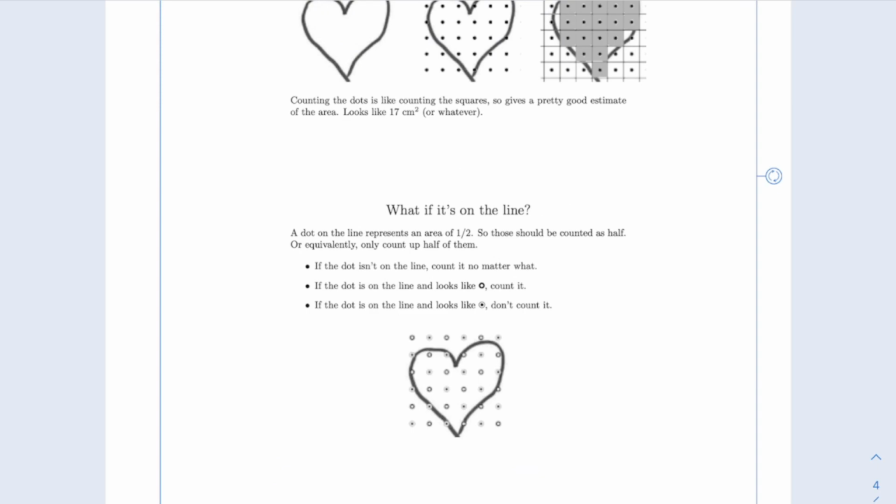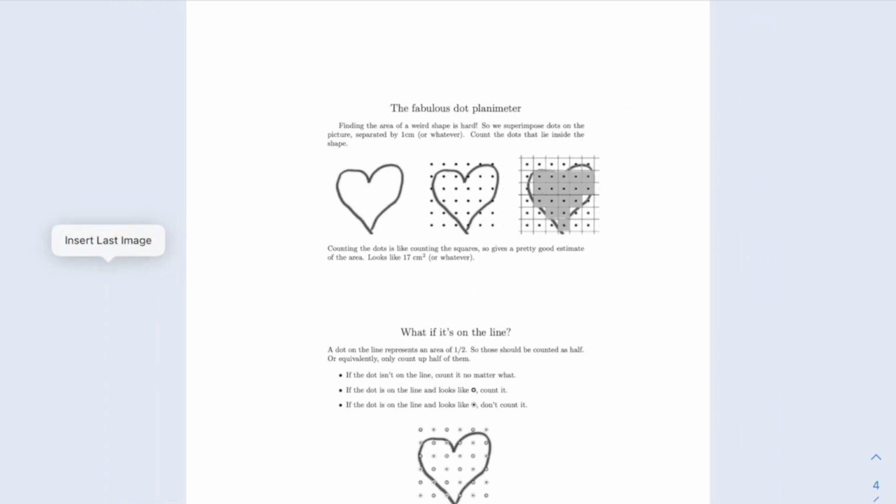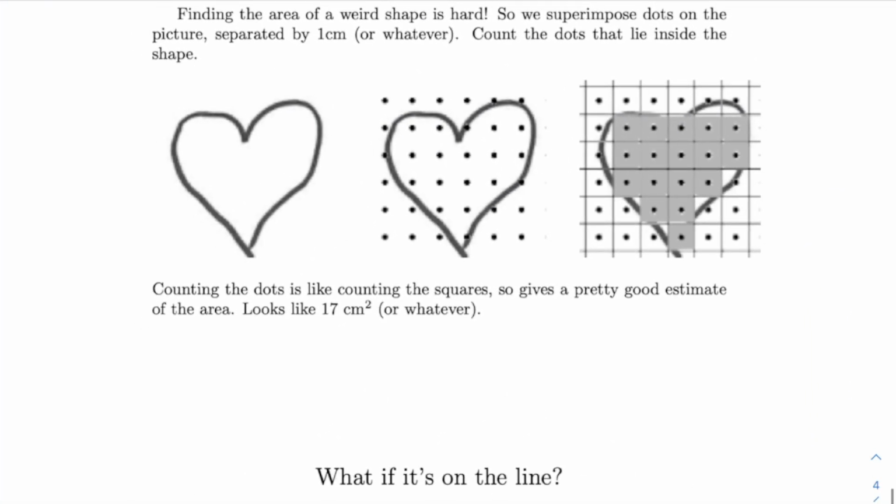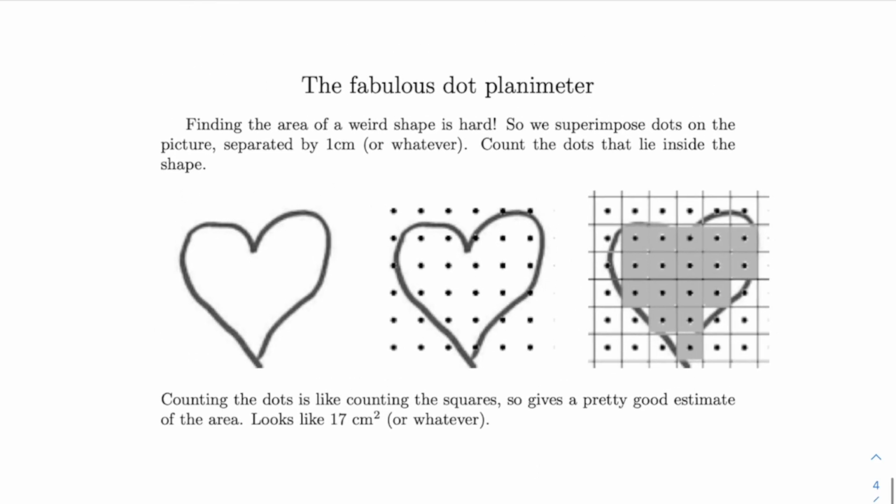So the dot planimeter, as an instrument, people don't really use this today because we have computers that can do things a little bit nicer. But the idea is it would typically be just a bunch of dots printed on a transparent sheet, and you lay the transparent sheet over whatever you're trying to measure the area of, and the dots are equally spaced, of course.